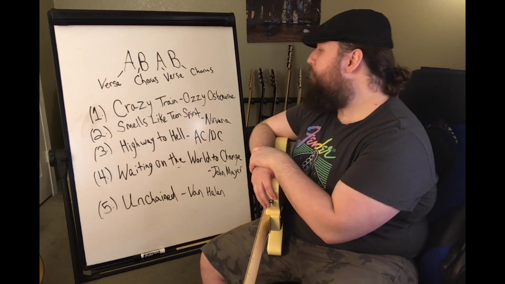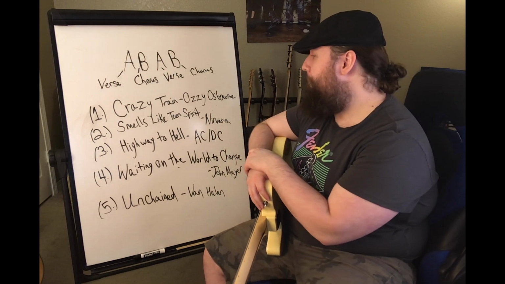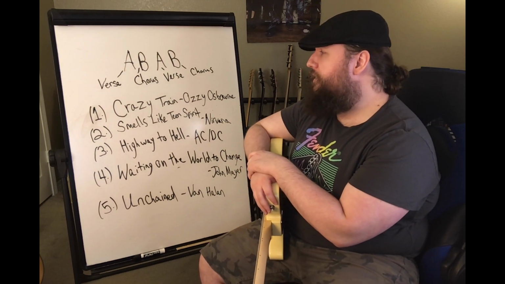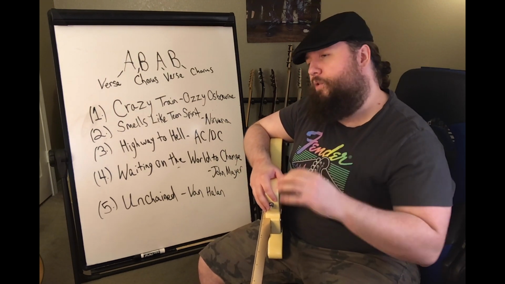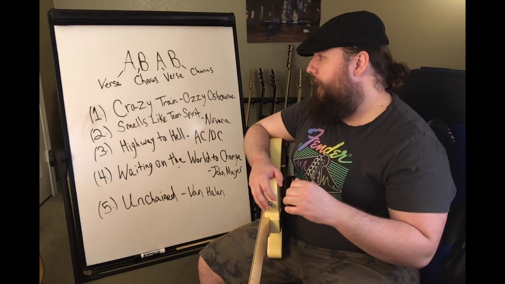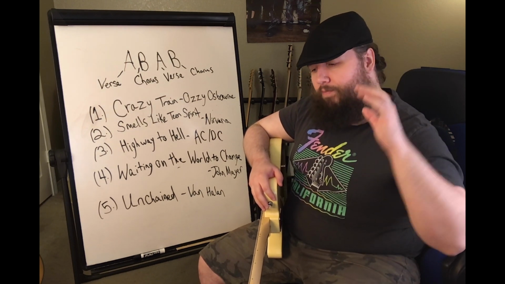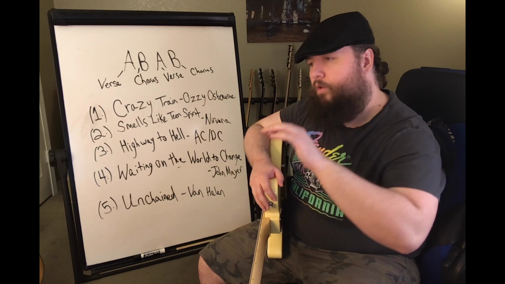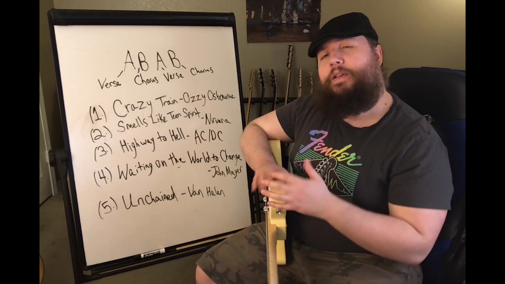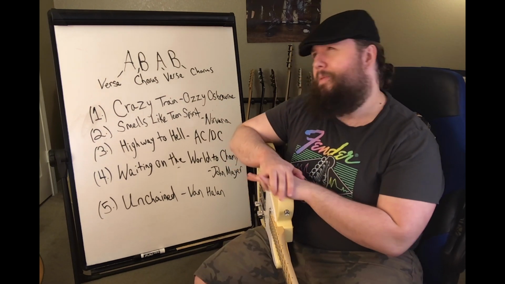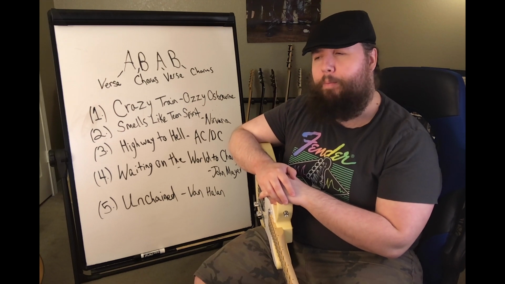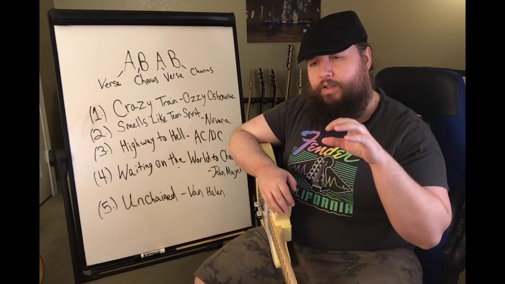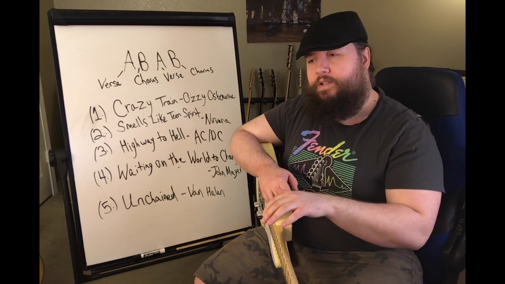Number 2, Smells Like Teen Spirit, Nirvana. This one is kind of the same way. Each rock song has its intro guitar riff kind of thing. And this one goes verse, pre-chorus, chorus. Then it does something weird that I've noticed, and maybe not everyone would call it this, but I'm calling it this. It goes verse, pre-chorus, chorus, bridge.